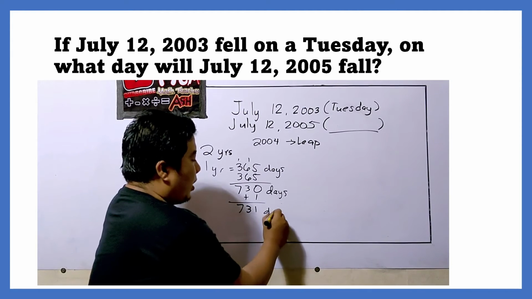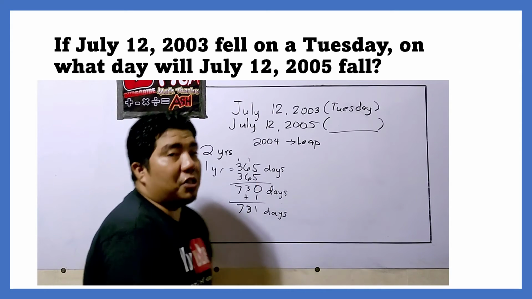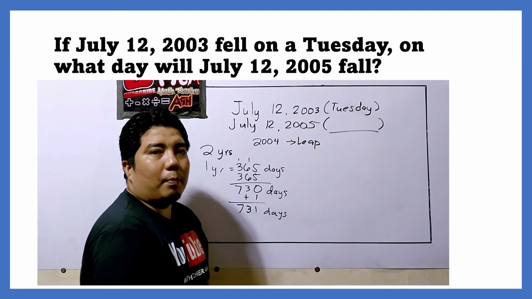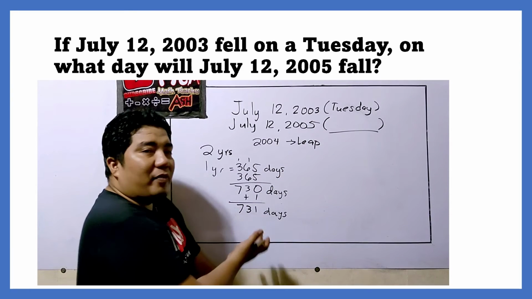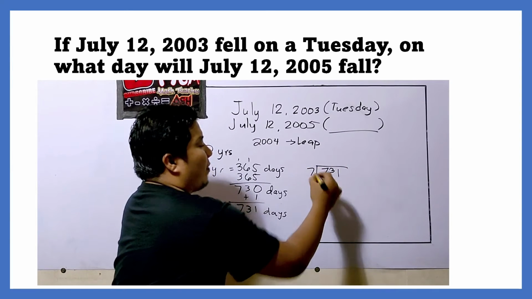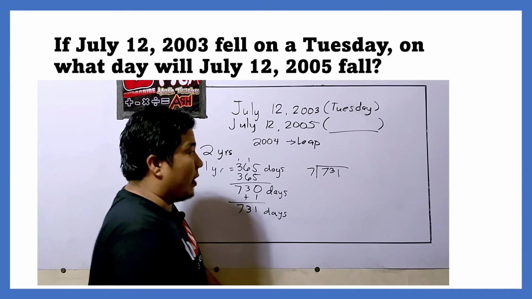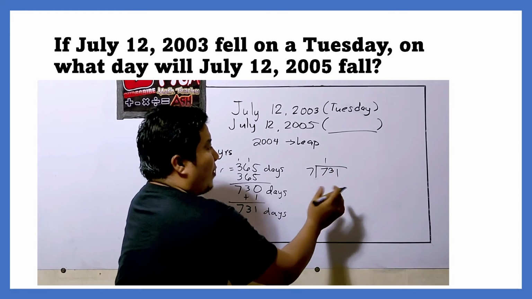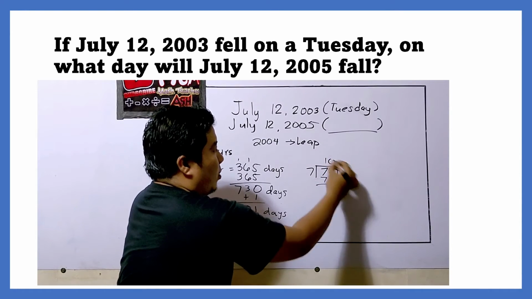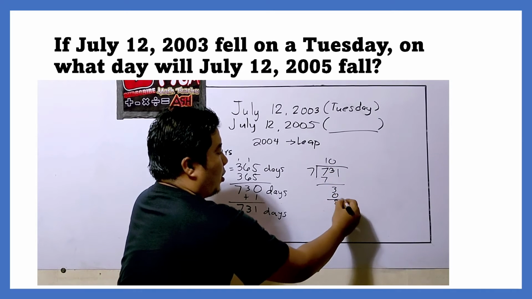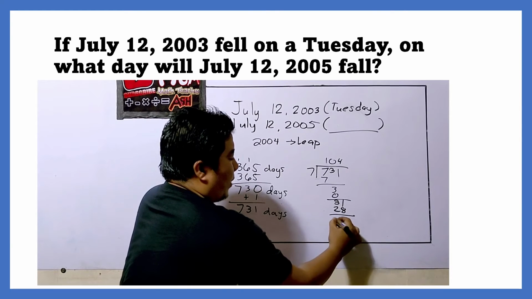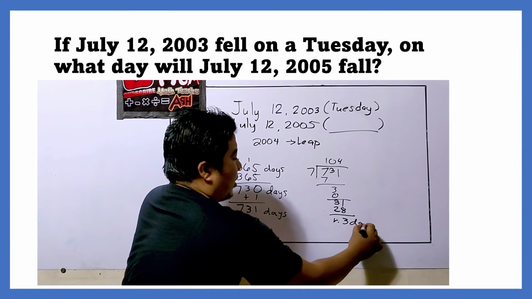Now, knowing the difference of the 2 years, what's the next step? Now, the next step is, since we are talking about days in a week, we will be dividing our 731 days by 7 days because in a week, there are 7 days. So by doing so, we have 1 times 7, that is 7, 0, 0, 31, this is 4, 28, and we have a remainder of 3 days.